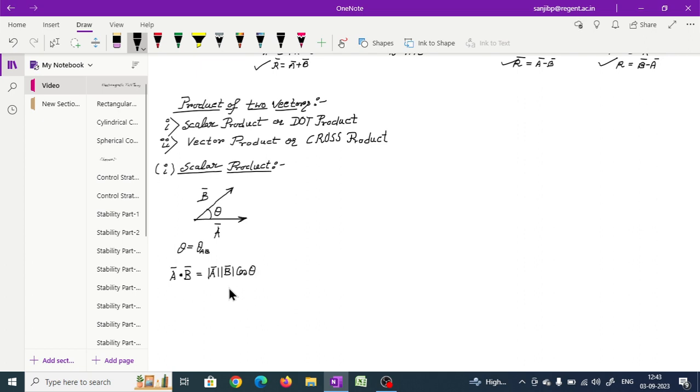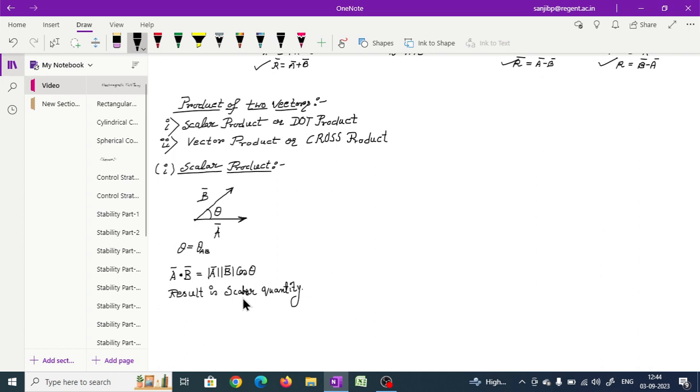Remember, the result of these two vectors is a scalar quantity. That means you will get only magnitude, nothing more than that.